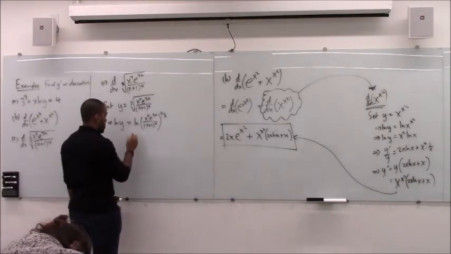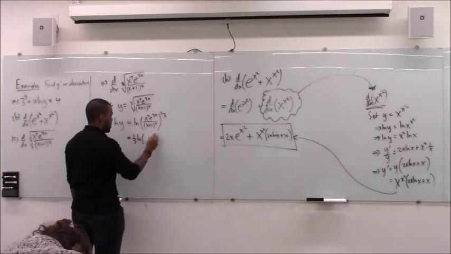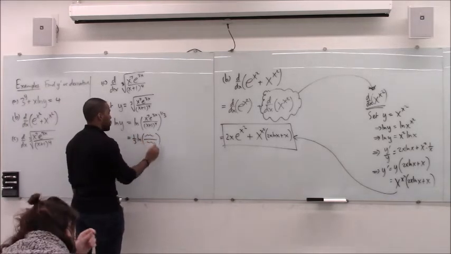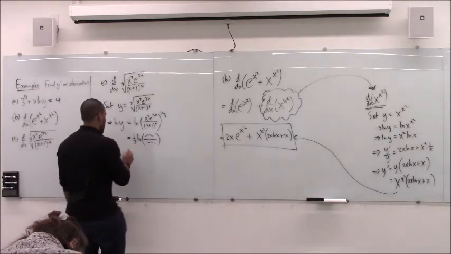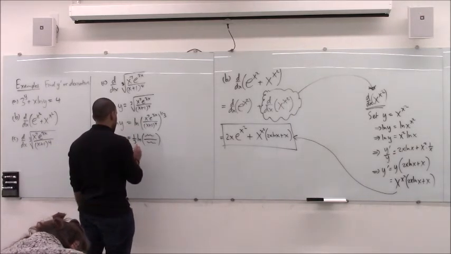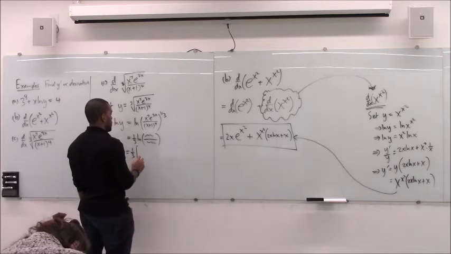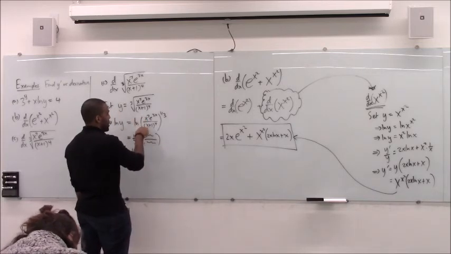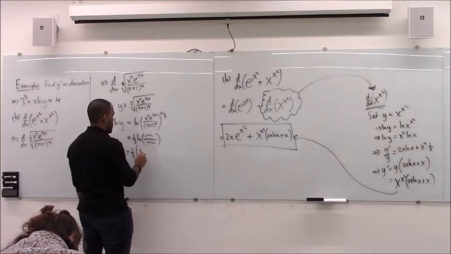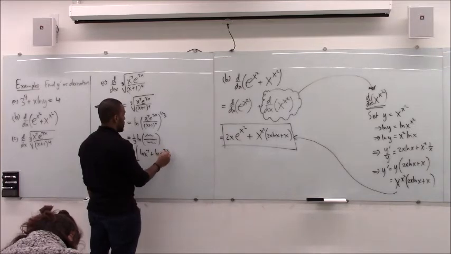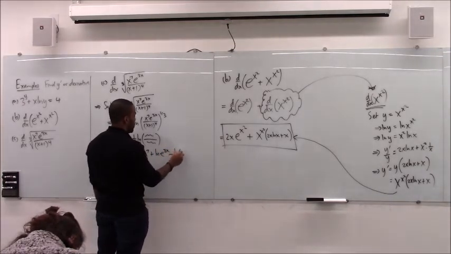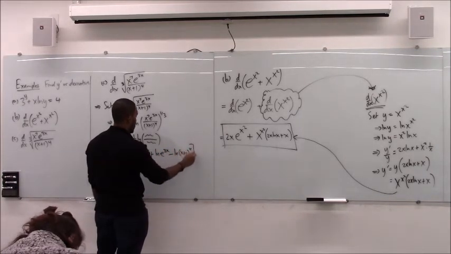The power can come down in front, and I have log of blah over log of blah, which I know is log of blah minus log of blah. So this is basically going to simplify into ln of the top minus ln of the bottom, and there's a product in the top, so I can even split that into a sum: ln of x to the 7th plus ln of e to the 3x minus ln of x plus 1 to the 4th.